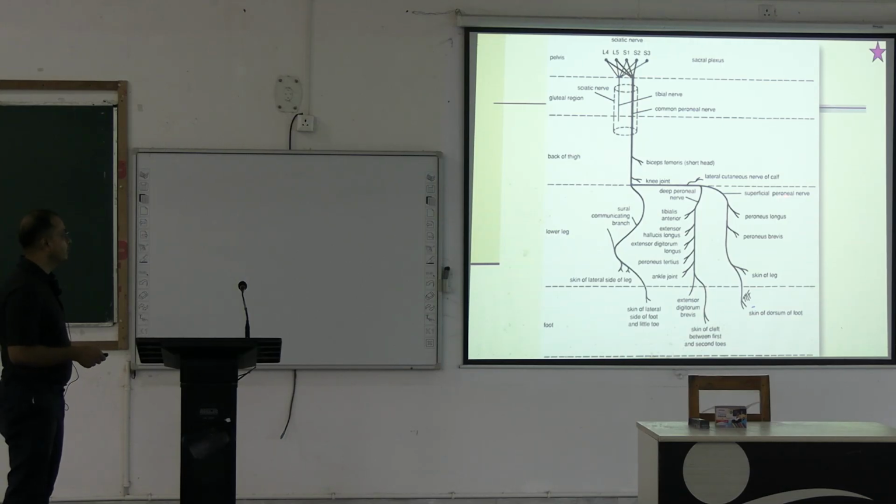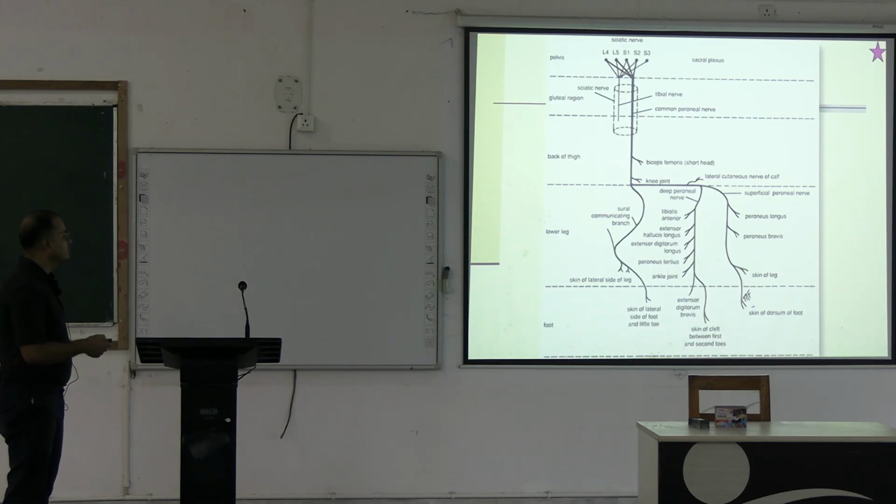The superficial peroneal nerve supplies peroneus longus and brevis, that means the evertors of the foot, and also supplies the skin. The deep peroneal nerve supplies the anterior compartment: tibialis anterior, extensor hallucis, and extensor digitorum. It ends by supplying the ankle joint and the first web space.